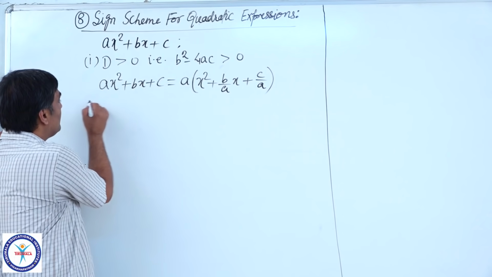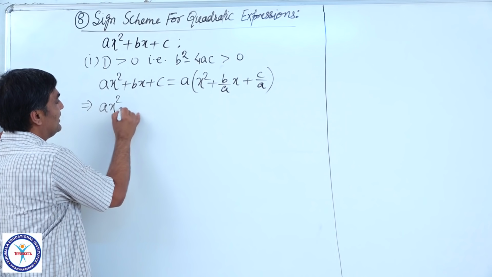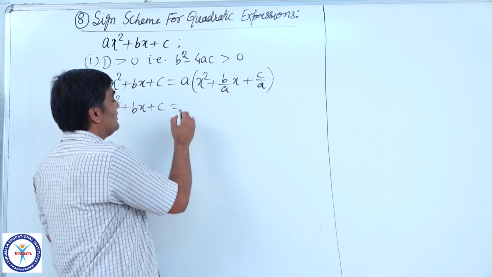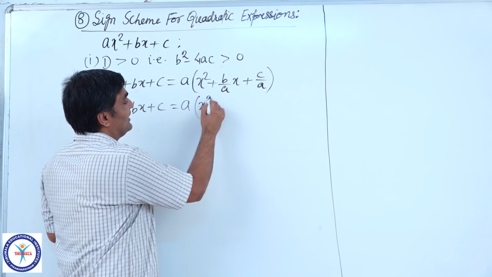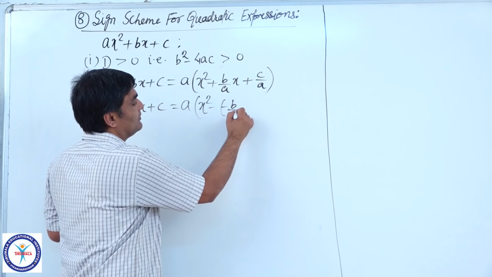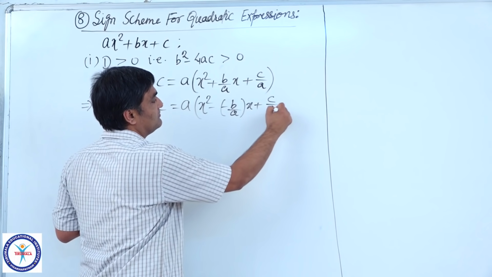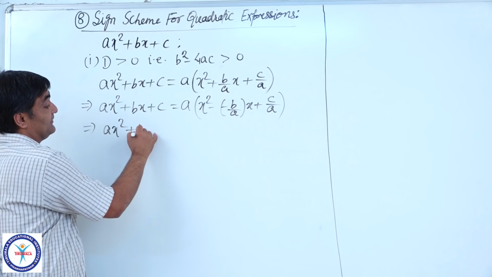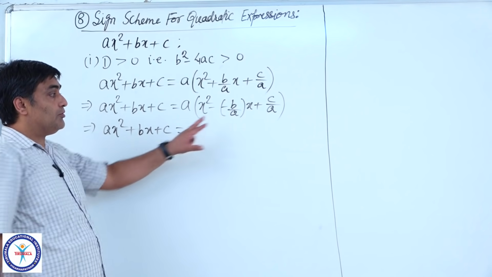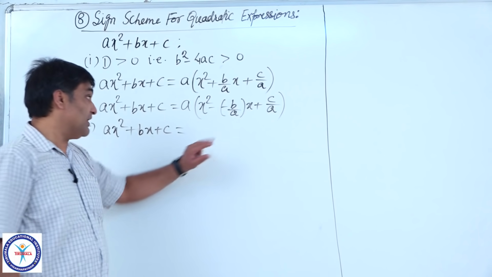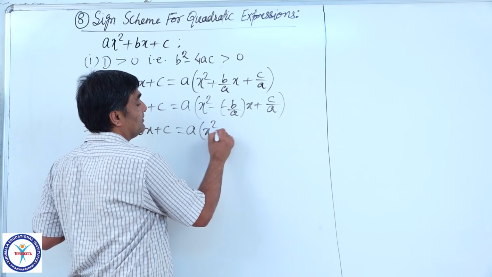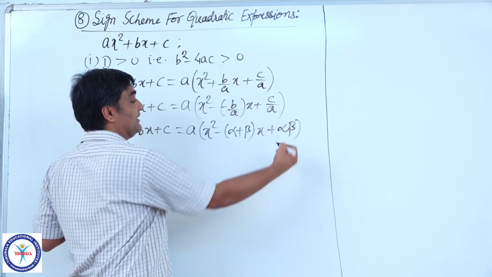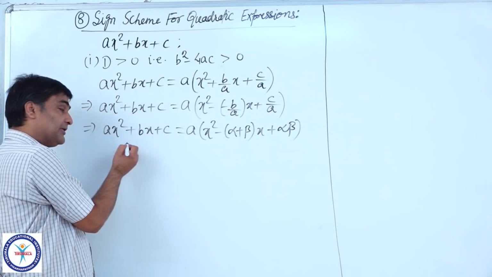By taking a common, this can also be written with minus b by a as alpha plus beta and c by a as alpha into beta.